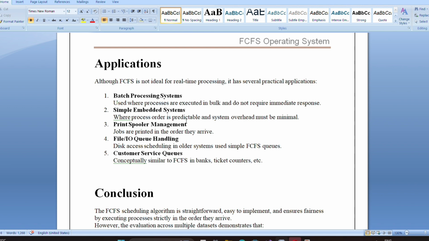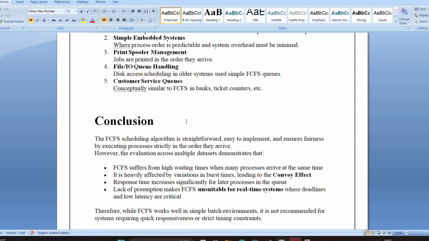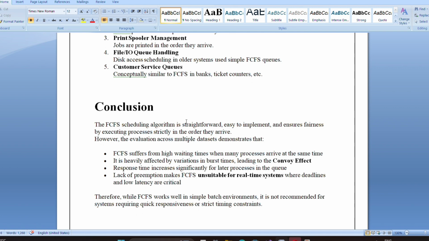service queues. As a conclusion, the FCFS scheduling algorithm is straightforward, easy to implement, and ensures fairness by executing processes in order. FCFS suffers from high waiting time when many processes arrive at the same time.